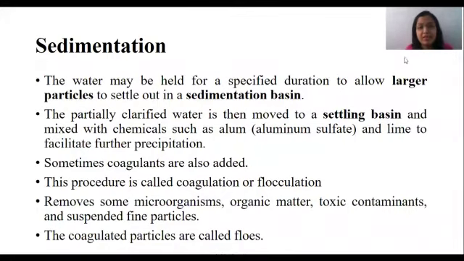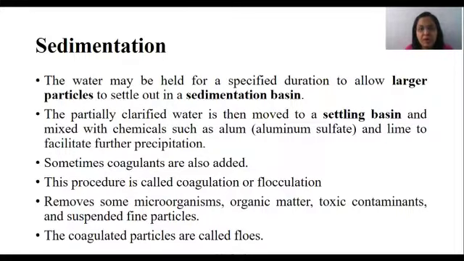Now, in sedimentation, water may be held for a specific duration to allow larger particles to settle out in a sedimentation basin. The partially clarified water is then moved to a settling basin and mixed with chemicals such as aluminum sulfate, generally called alum, or lime, to facilitate further precipitation.